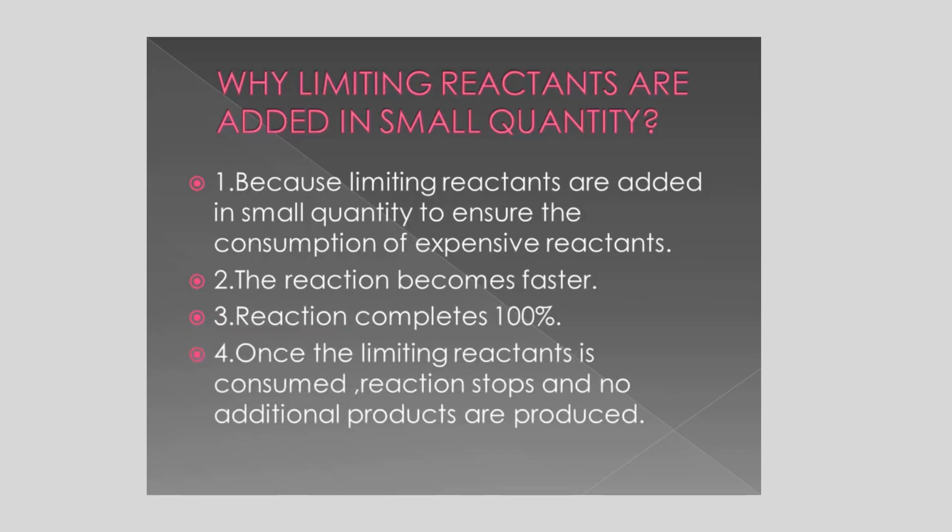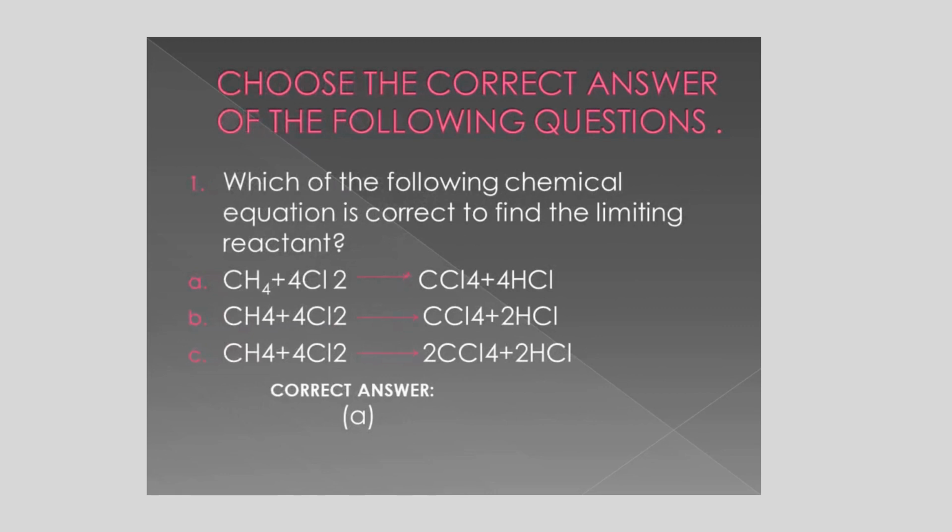Here are some multiple choice questions. Choose the correct answer for the following questions. Number 1: which of the following chemical equations is correct to find the limiting reactant? See here, we need a balanced chemical equation. The three options are here. You will find the balanced chemical equation.